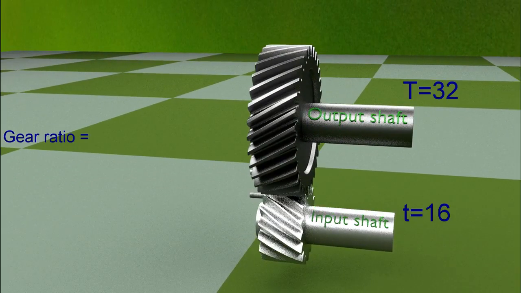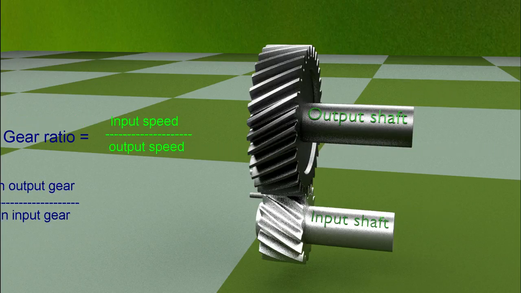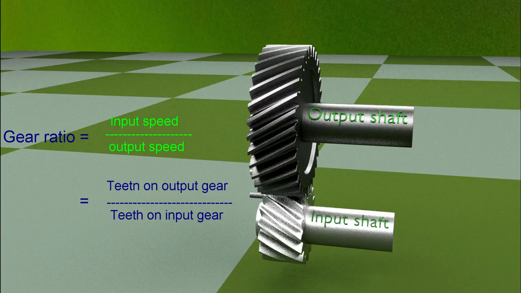The gear ratio is defined as input speed relative to output speed and is equal to the number of teeth on the output gear divided by the number of teeth on the input gear.